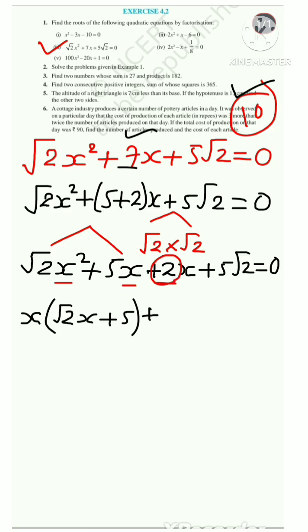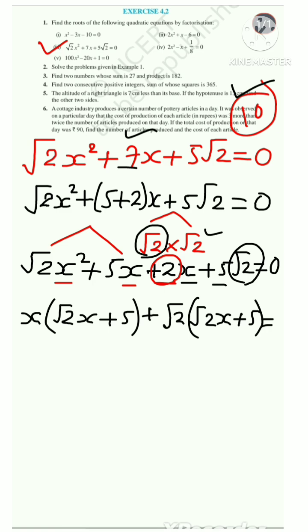So here we can take out root over 2 as a common, and here remains 1, root over 2 from here has been taken out as a common, and here remains 1 root over 2 and this x plus, and here remains only 5, equal to 0.